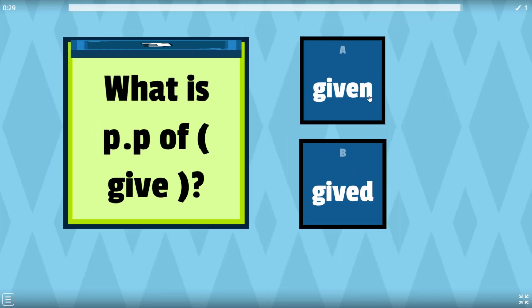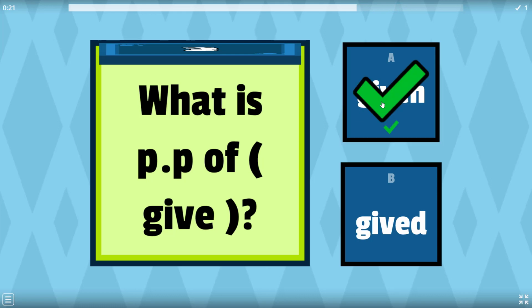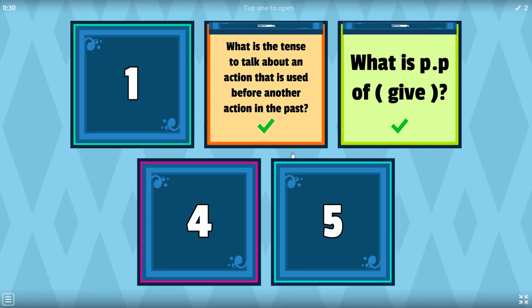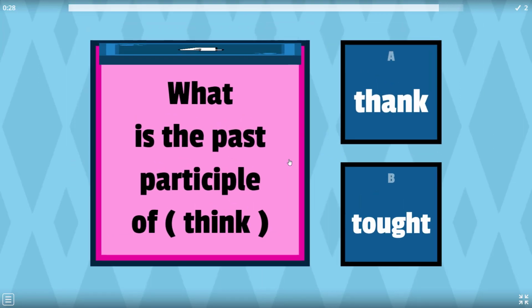3. What is the past participle of give? Give, gave, given. 4. What is the past participle of think? I think it is thought.